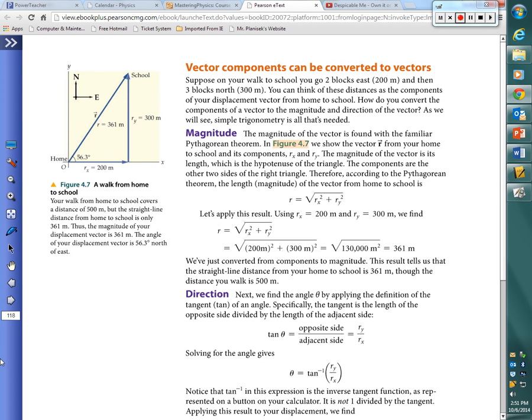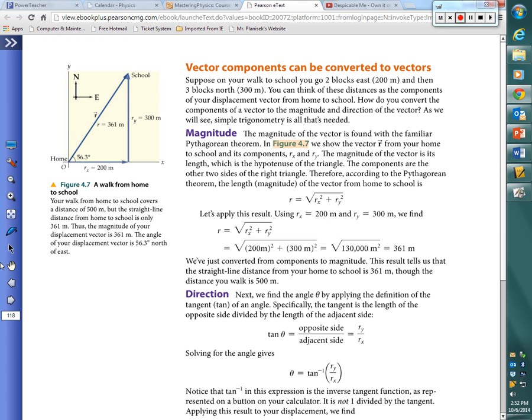Next, on page 118, which is also the top of page 3 of your packet, you have figure 4.7. And it says, you walk home from school and you cover a distance of 500 meters. But remember, distance is a scalar, okay? It doesn't give you direction.